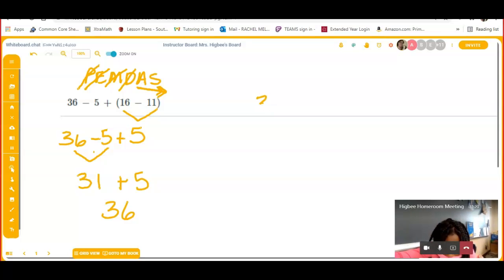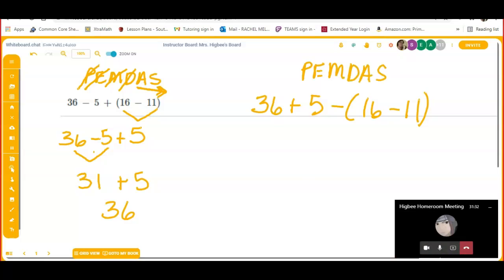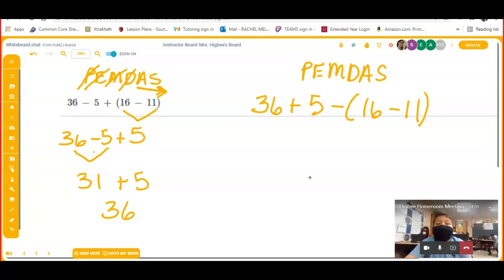I want to clarify something. Let's say I now have this problem. What do I do first? You subtract 16 minus 11 because it's parentheses. So what is that? 5. I rewrite what I have not used. My parentheses are done. I don't have exponents. I don't have multiplication or division.